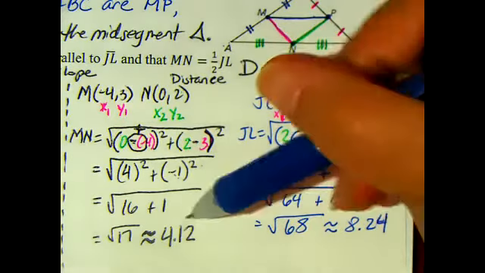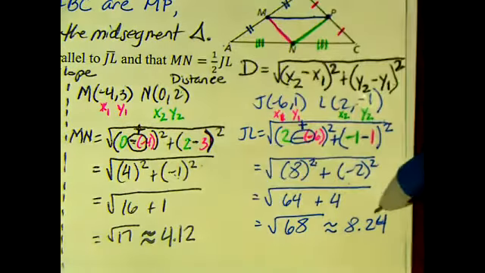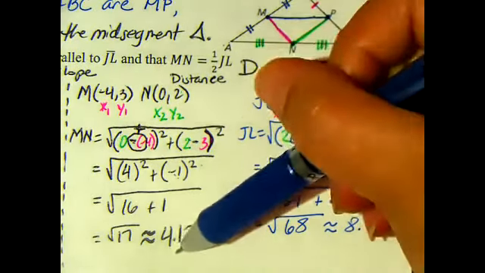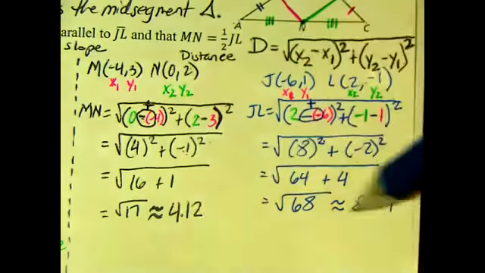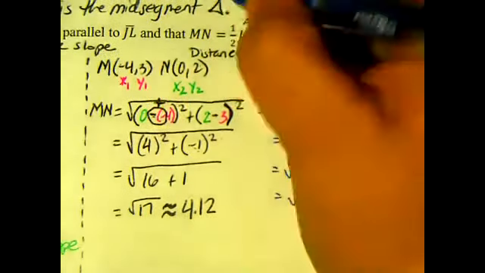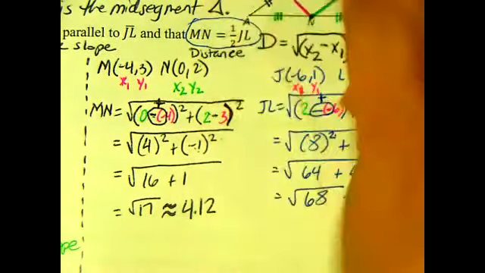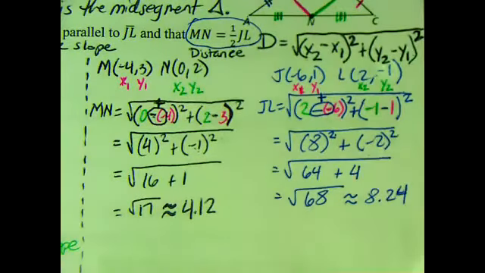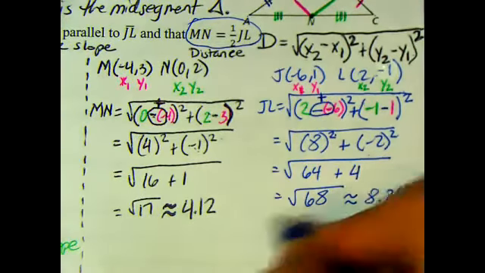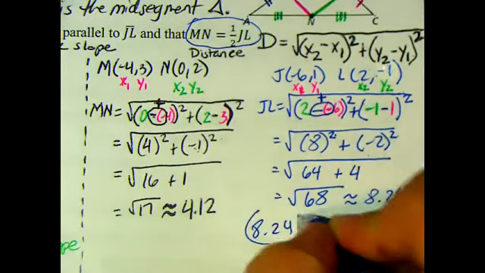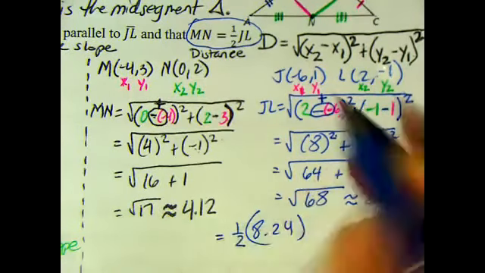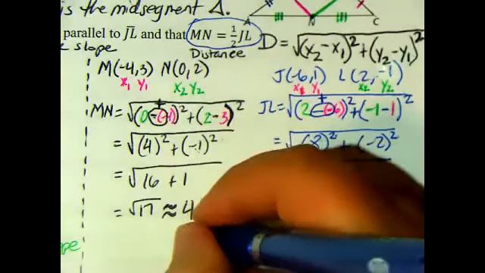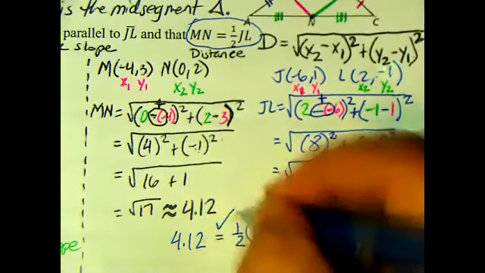So the question is, is MN, 4.12, half of this 8.24, right? That's what we're trying to show right up here. Is it half? Well, let's take a look. If I take 8.24 and I multiply it by a half, do I get 4.12? I do.